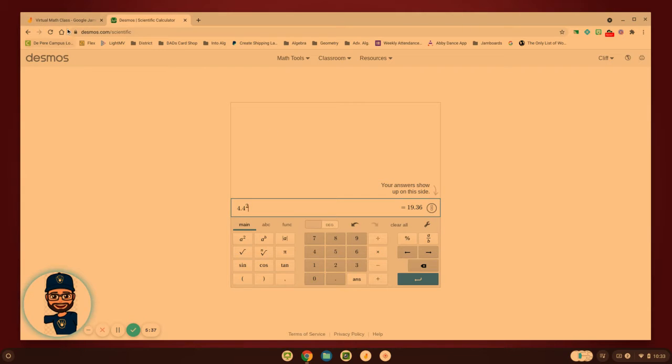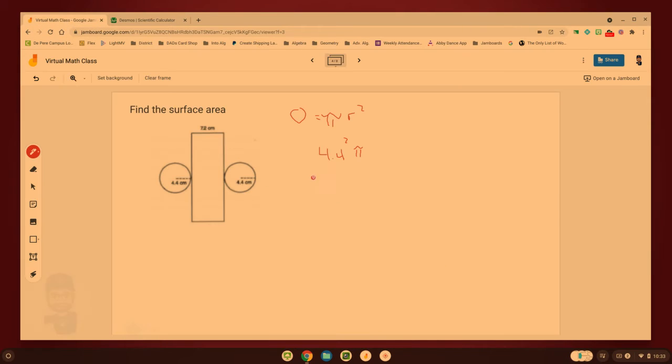We're going to leave that, 19.36 pi. And I'm going to list it twice because I do have two of those circles. So both circles are 19.36 pi.